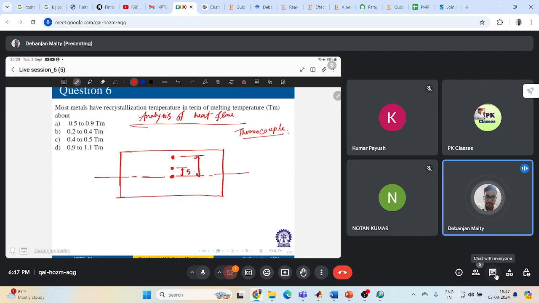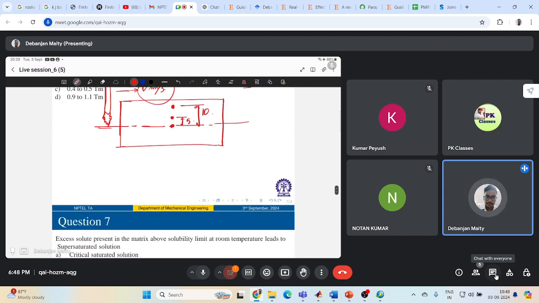And my heat source is the center line. Let's say I have created some flame. I'm doing some flame heating and I am moving the nozzle at a certain welding speed, let's say V mm per second. Now, how will the temperature look?